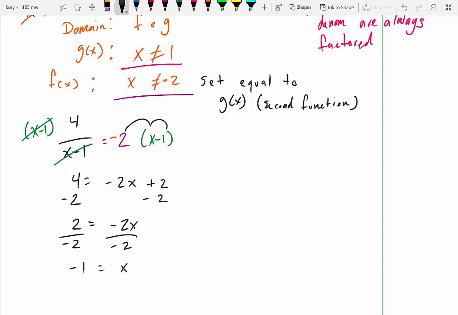So now the domain is whatever the second letter domain is, and then the domain you just found. So the domain is x such that x cannot be 1 and x cannot be negative 1.